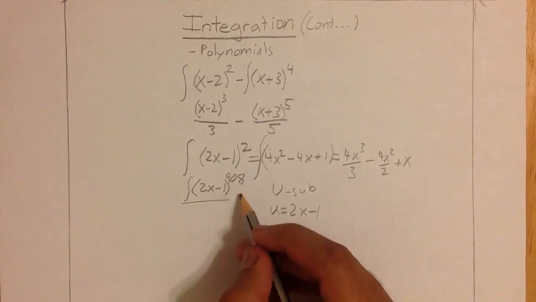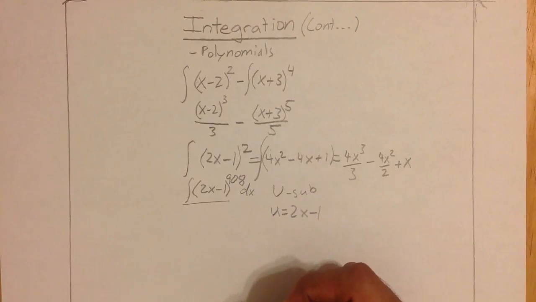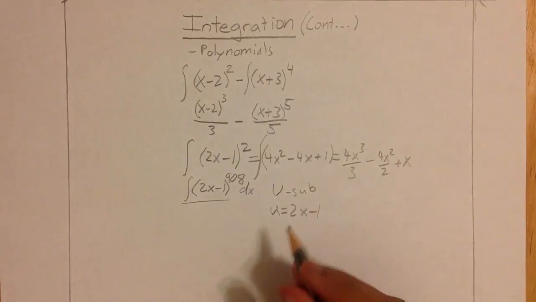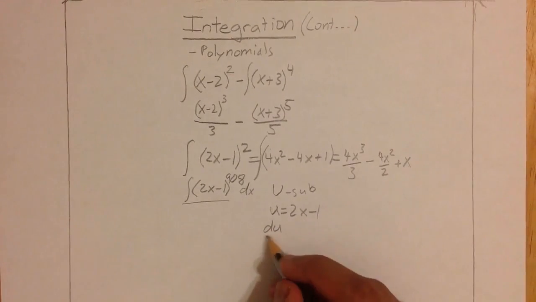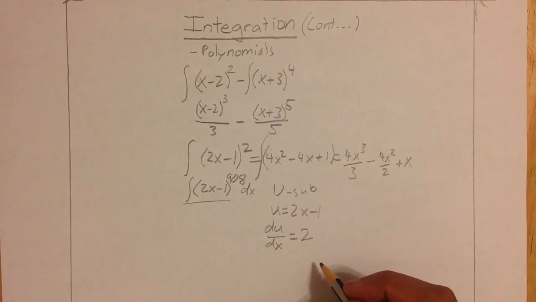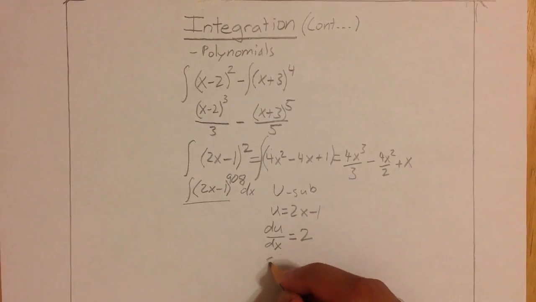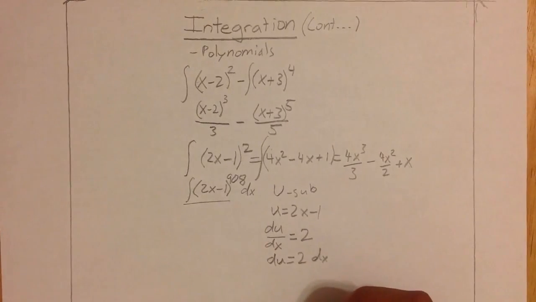But recall that there is a dx out here. So if we find du/dx, we get 2. Now what does that mean? That also means that du equals 2 dx.